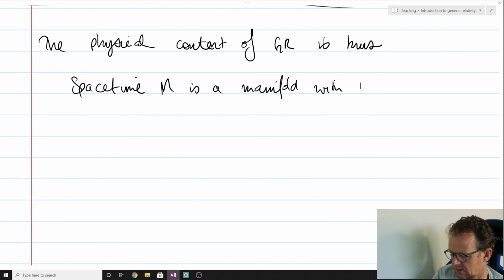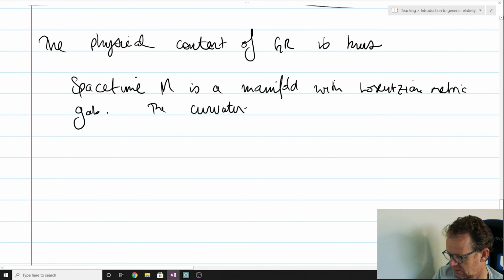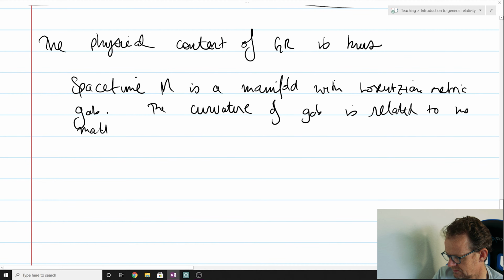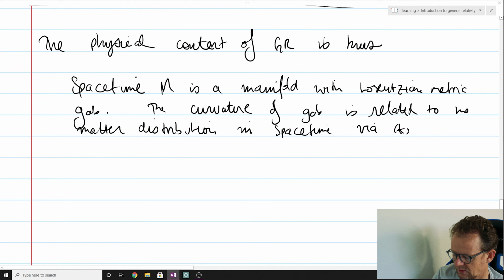The physical content of GR is thus the following. Spacetime M is a manifold with Lorentzian metric. So that's an assumption. And the curvature of this metric, the curvature of g_ab, is related to the matter distribution, the stress energy distribution, in spacetime via Einstein's field equation (star).